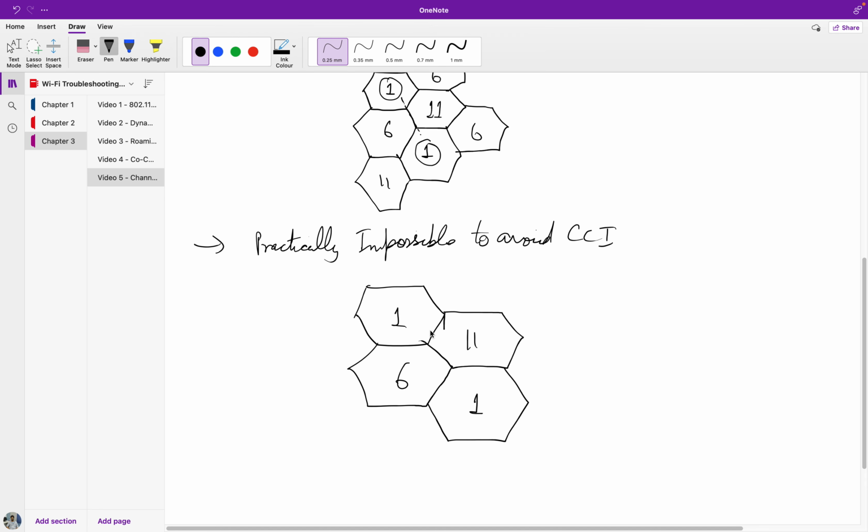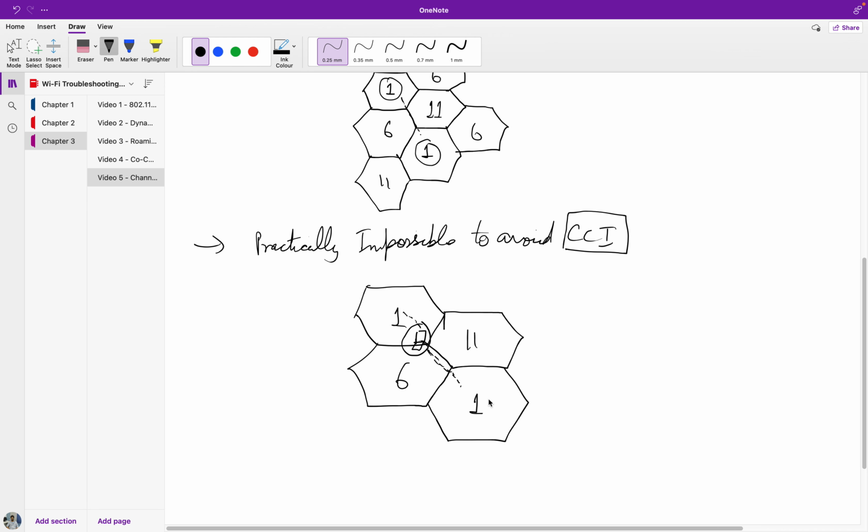However, if we have a client right at the corner of this particular cell communicating with the access point here, there'll always be some sort of a bleed in this AP's coverage cell also. Now that means on a single frequency, if this client is transmitting and he is also heard in this BSS, then nobody in this BSS can also transmit data. That is what CCI is, right? Co-channel interference. In one frequency range, only one radio can transmit at a time.